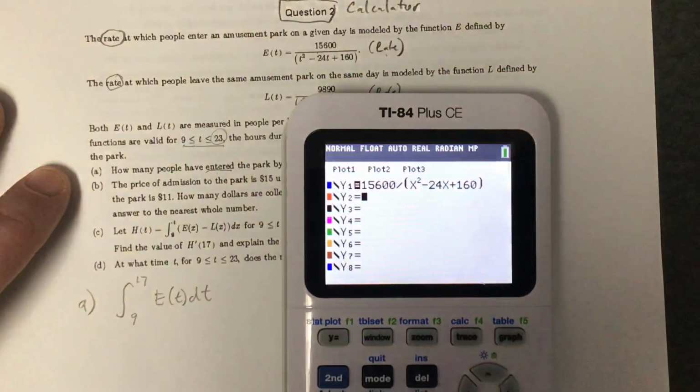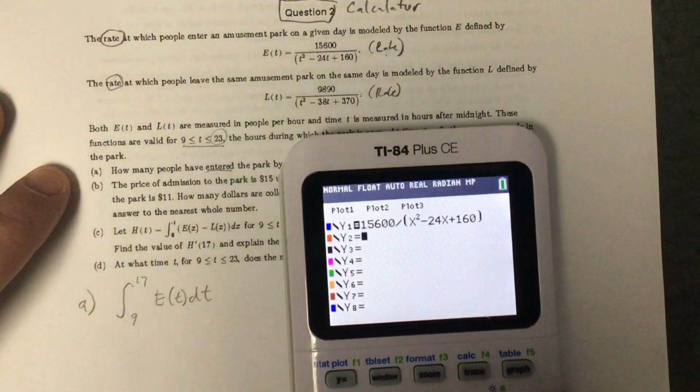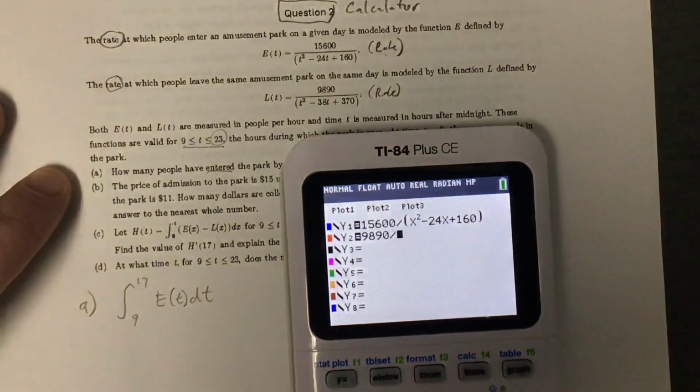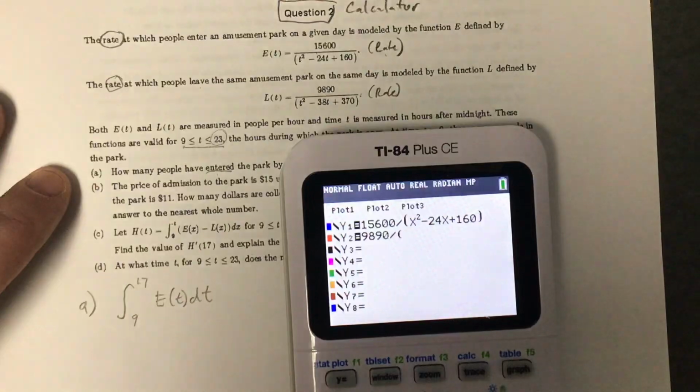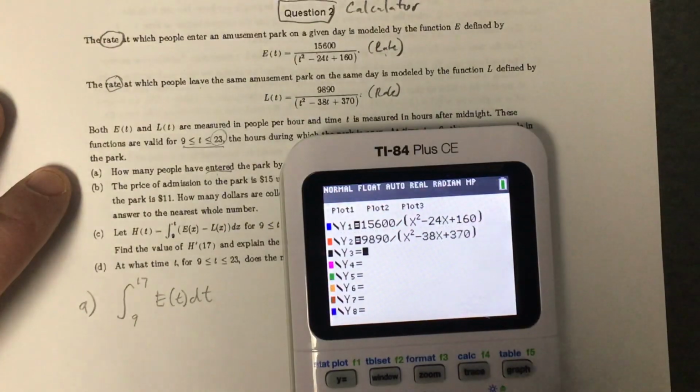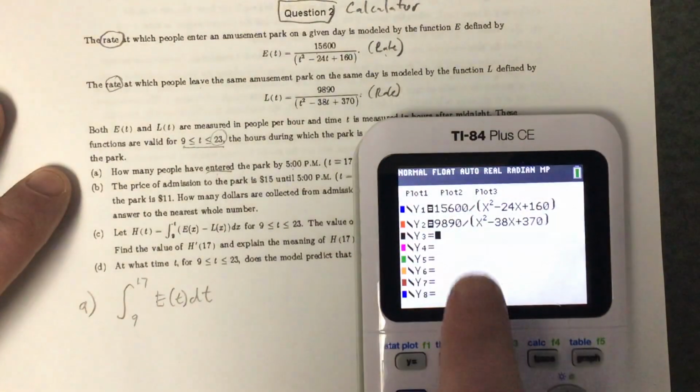Blam. All right, you know what? I'm also just going to put L of t in here right now since I'm in here. I bet I'm going to use that at some point. And let's see, that's x squared minus 38x plus 370. Boom.